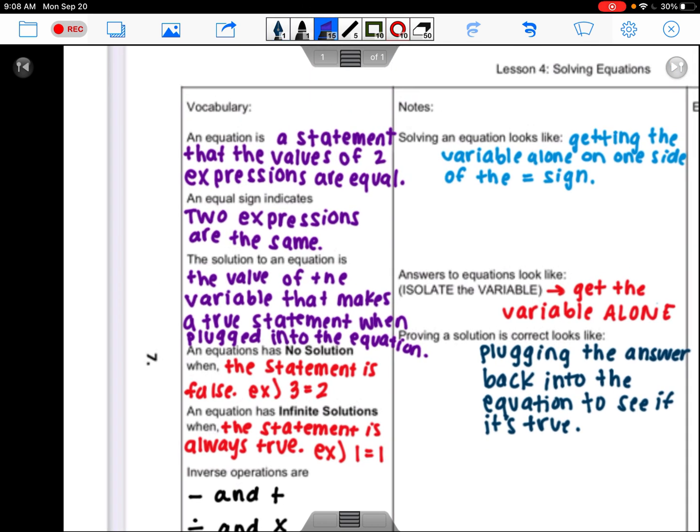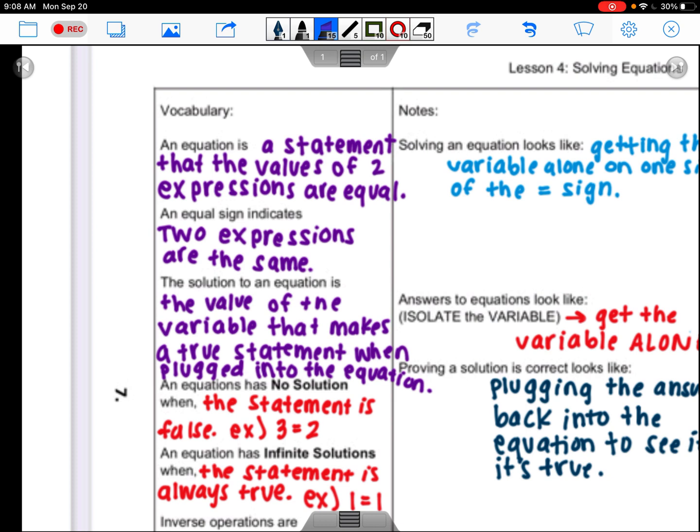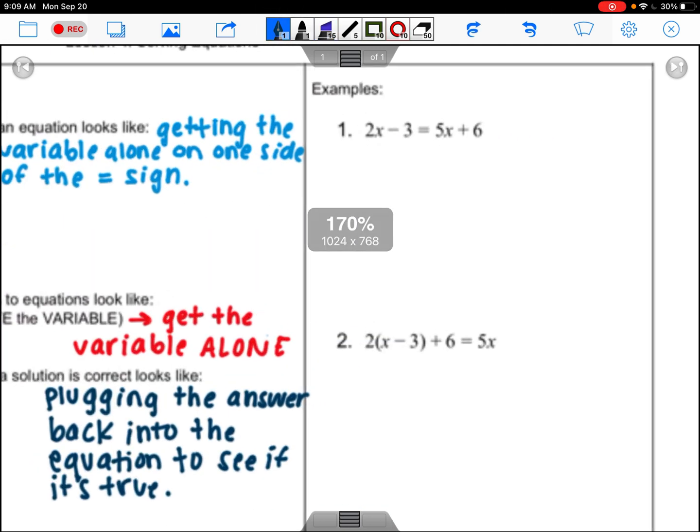So an equation, first of all, is a statement that the values of two expressions are equal. It looks something like this: 2x minus 3 equals 5x plus 6. That's an equation.